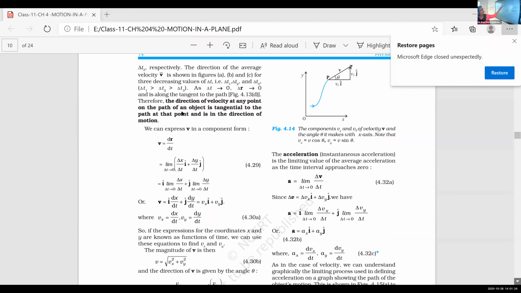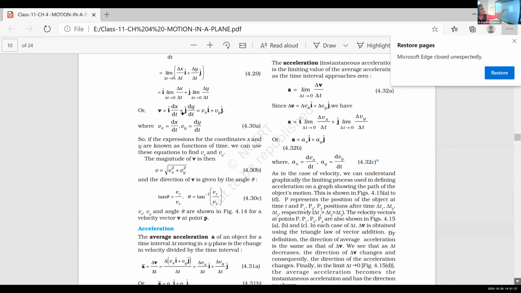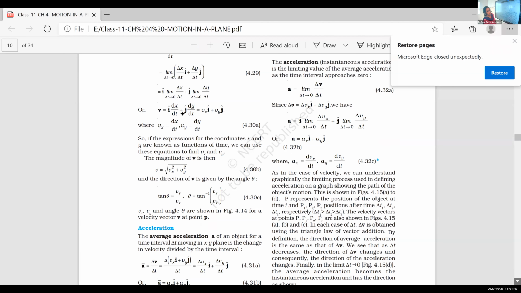If you go to the textbook, we can see we can represent acceleration in terms of vector components.